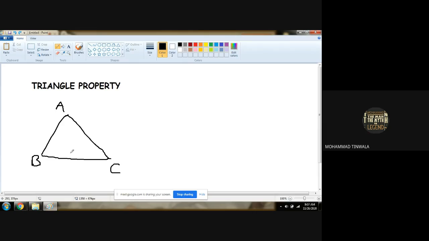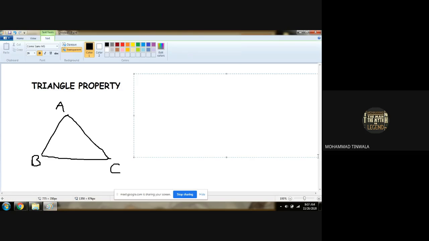Now, what is the property of a triangle? The property is always the sum of two sides. Always remember, the sum of two sides of a triangle is always greater than the third side. If you want, you can remember this, or write it down. This is the property of a triangle.